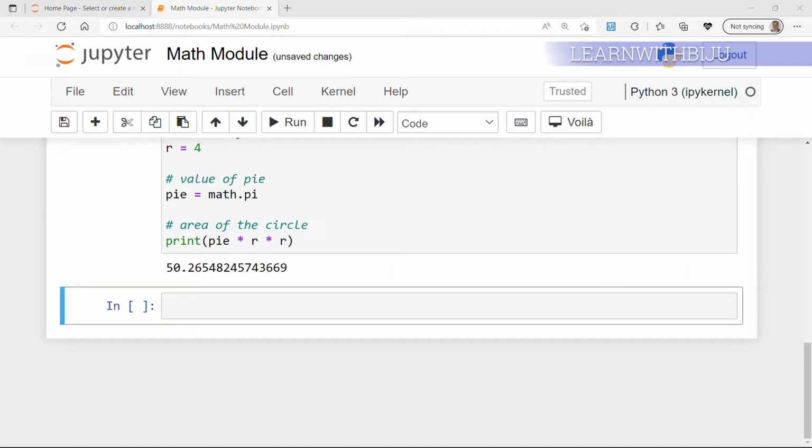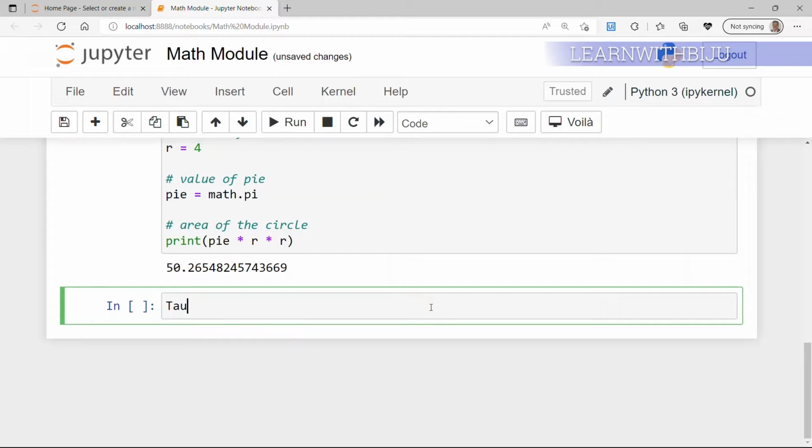Then the next constant we have is tau. How are you going to use this and what does it mean? It is defined as the ratio of the circumference to the radius of a circle.